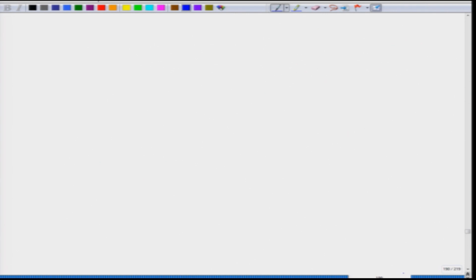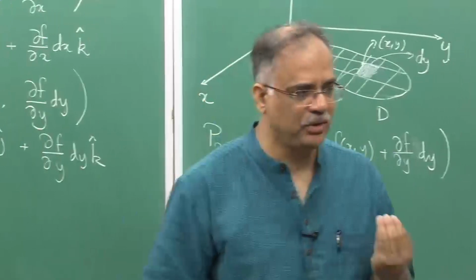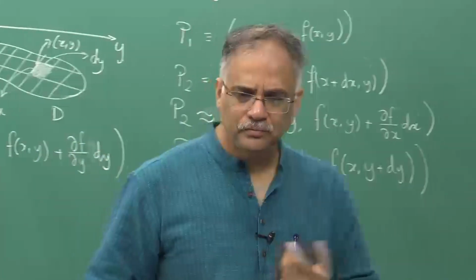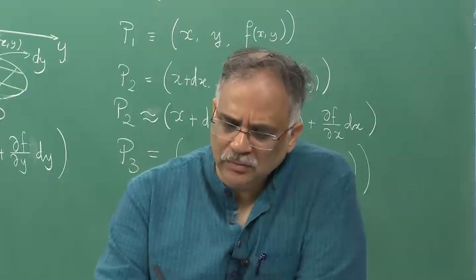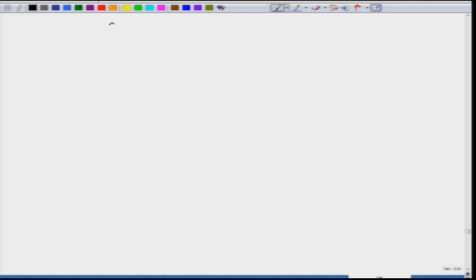Now, using this idea of the area vector, I am going to give you a very simple expression of the relation between ds and dx dy. Dx dy is the area of the domain that you have.